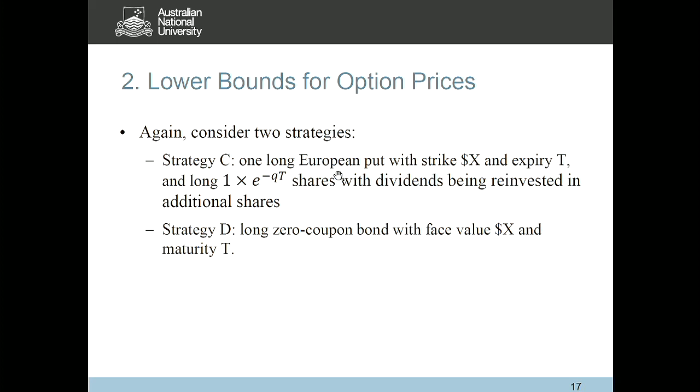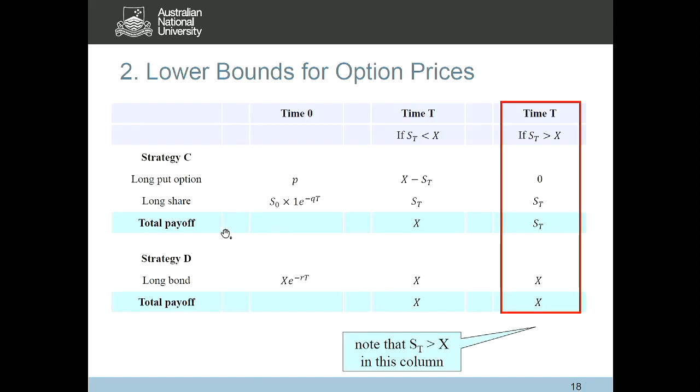We can invest in an amount that's less than 1, which is 1 times e to the power of minus qT. And we're going to reinvest that dividend back in the share. So we're getting additional shares. So at the end of the holding period, we're getting 1 unit of share priced at ST. Now, the second portfolio D, what we're going to do is buy zero coupon bonds that would make a payoff of X at maturity time T.